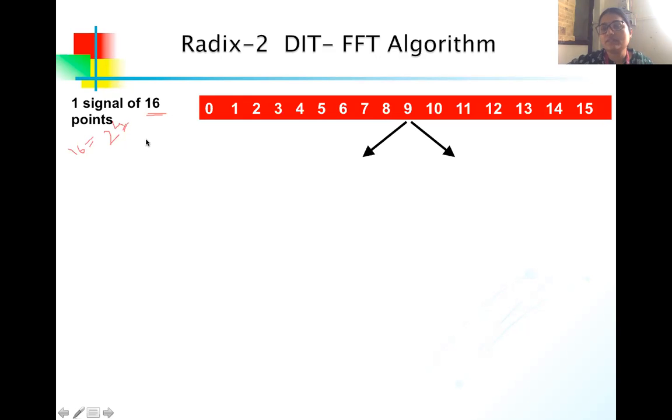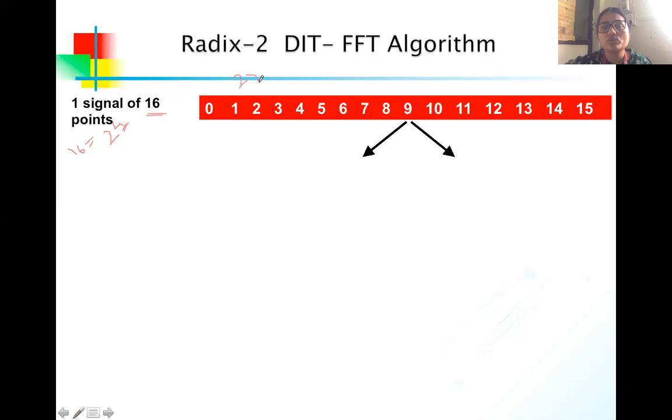So here is the first division. For the first division, the even points are going to be collected together and the odd points collected together. What are the even points here? 0, then 2, 4, 6 and 8. How do we get this even point sequence?